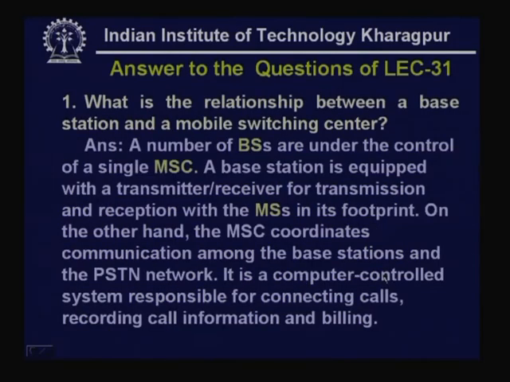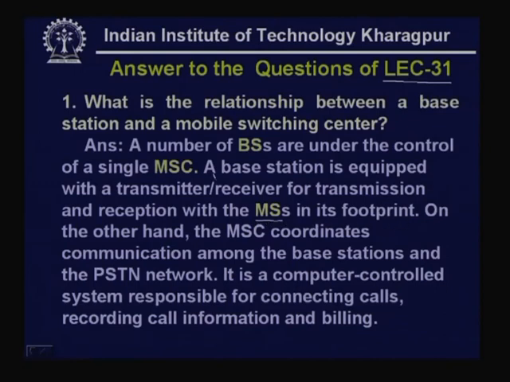Now, it is time to give you the answers to the questions of lecture number 31. First question was what is the relationship between a base station and a mobile switching center. Answer: a number of base stations are under the control of a single mobile switching center. A base station is equipped with a transmitter and receiver for communication with the mobile stations in its footprint.